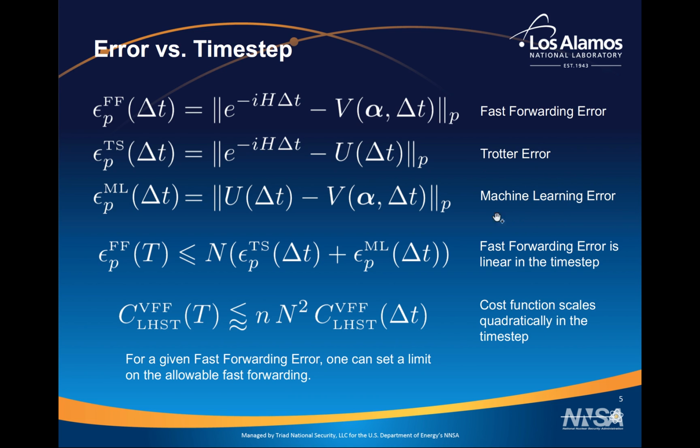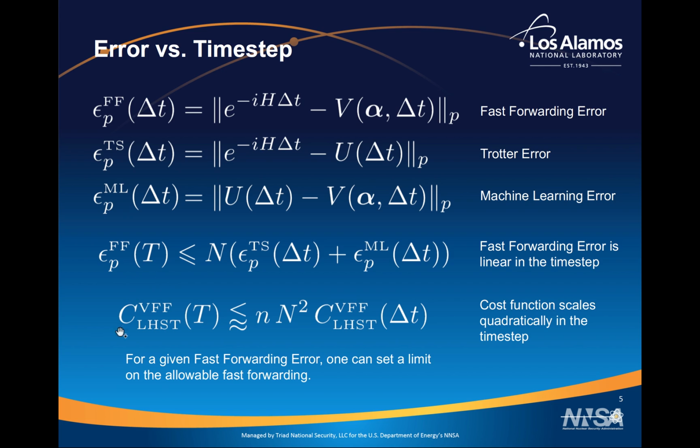But then we also have the machine learning error, which is when we set a threshold for our cost function, it's always going to be finite. We can't actually bring that exactly to zero. And so what happens is you can prove that the fast forwarding error, the error of the simulation after you exponentiate it for time capital T, is always less than or equal to the number of time steps it took for that exponentiation times the Trotter, Suzuki, and the machine learning error, the sum of them.